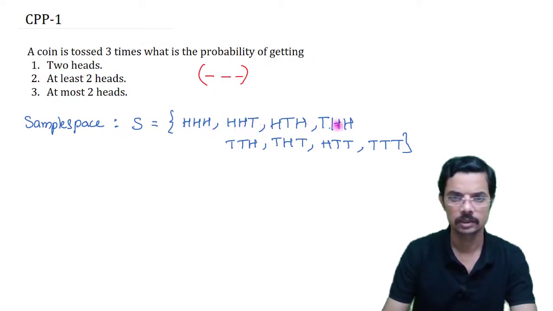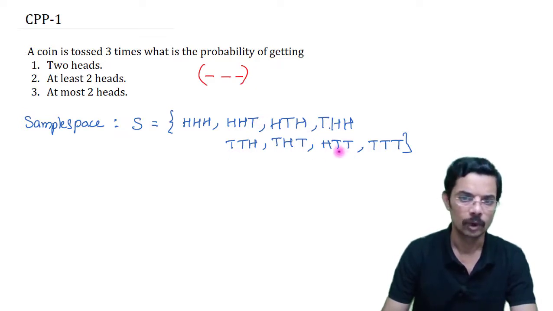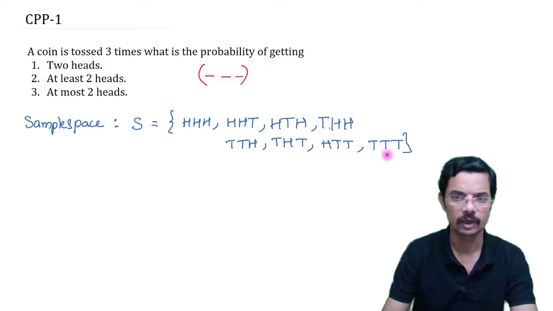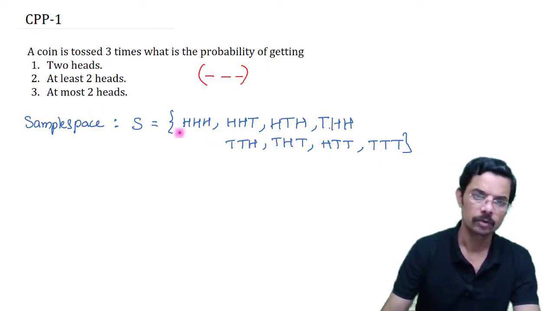In these 3 we have 2 heads and 1 tail. In these 3 we have 1 head and 2 tails, and the final one has all 3 tails.